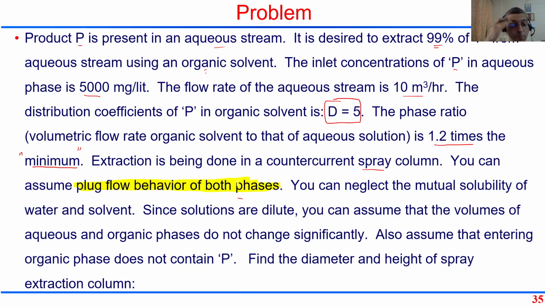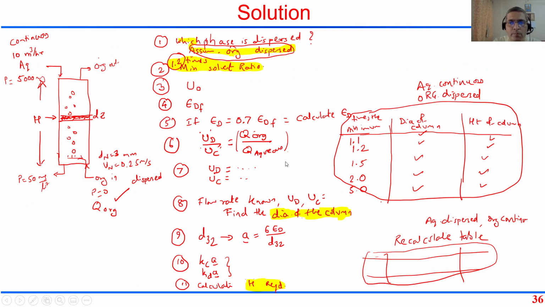But generally, if the column is very large, because of the Peclet number, if you remember your definition of the Peclet number, let me just write that. Peclet number would be U L by dispersion coefficient.